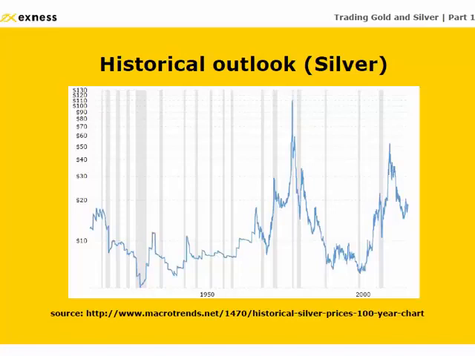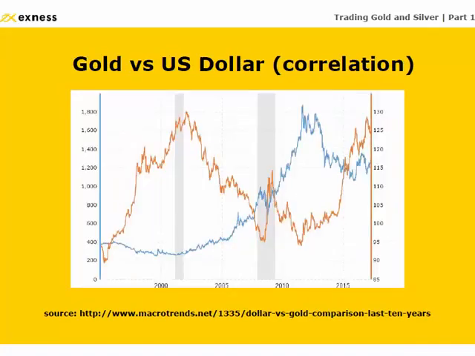Sometimes there are good setups on silver in comparison to gold. Does gold have any correlation with the American dollar? Well, the correlation is not so obvious. Sometimes the dollar climbs and gold goes down. Sometimes they go in opposite directions. I would say that gold is mostly purchased by investors when they are afraid of uncertainty in the market.